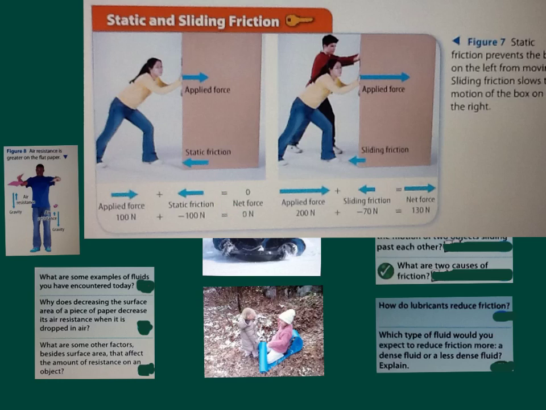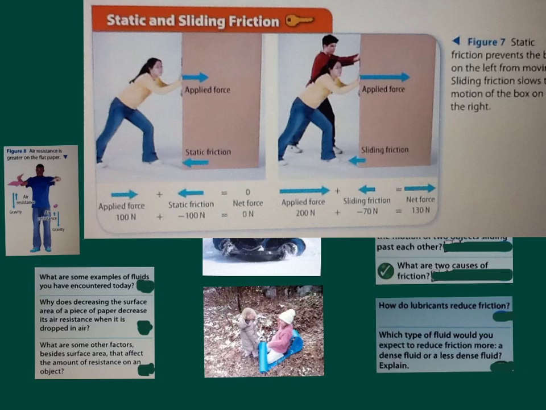Sliding friction opposes the motion of surfaces sliding past each other. As long as the box is sliding, the sliding friction does not change. Increasing the applied force makes the box slide faster. If the students stop pushing, the box will slow and stop because of sliding friction.